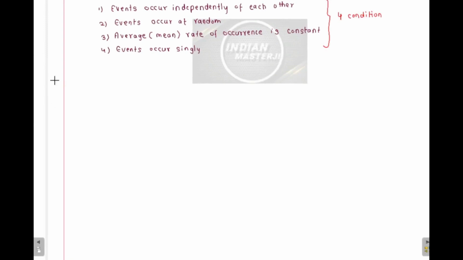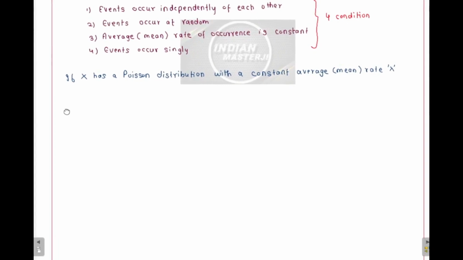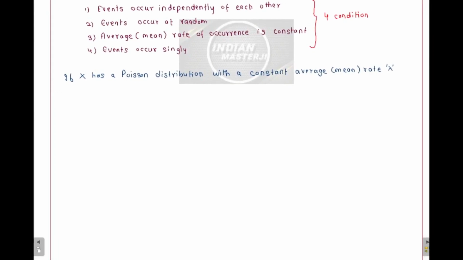Let's go ahead. So if X has a Poisson distribution with a constant average or mean rate of occurrence lambda, then we write this as X follows Poisson distribution.